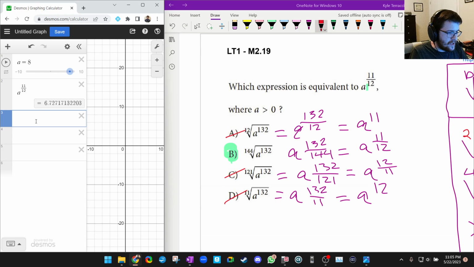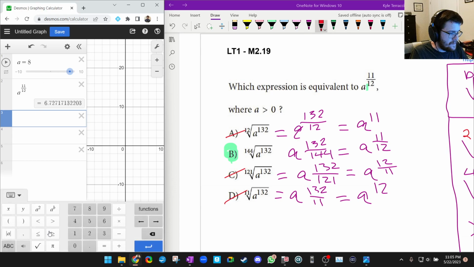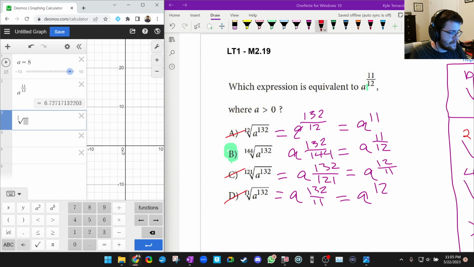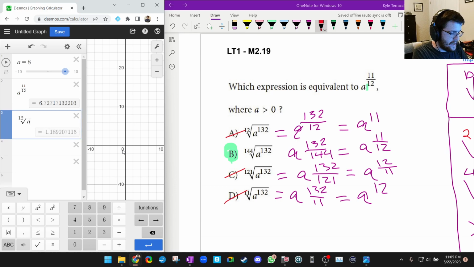Then you could type in 12th root A to the 132, and you see it doesn't give you the same thing. And then if you do A to the 132 over 144, oh, you see 6.72, we get the same thing.